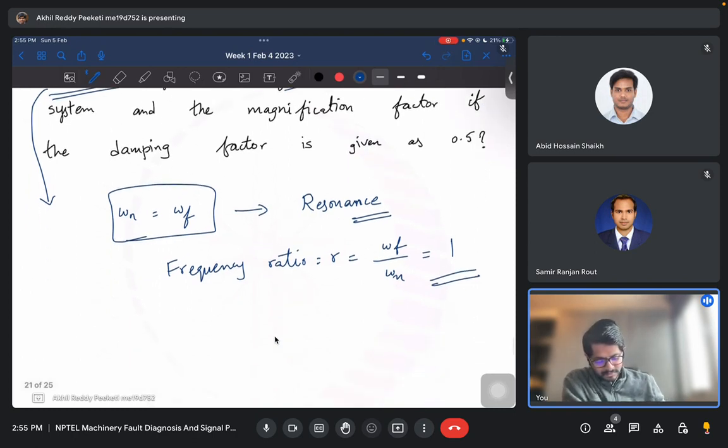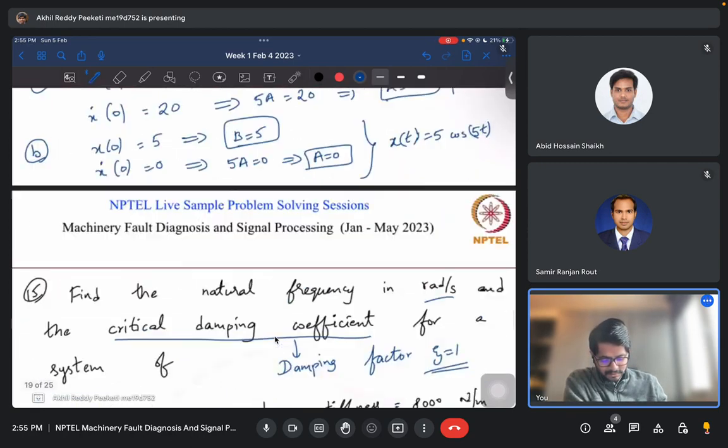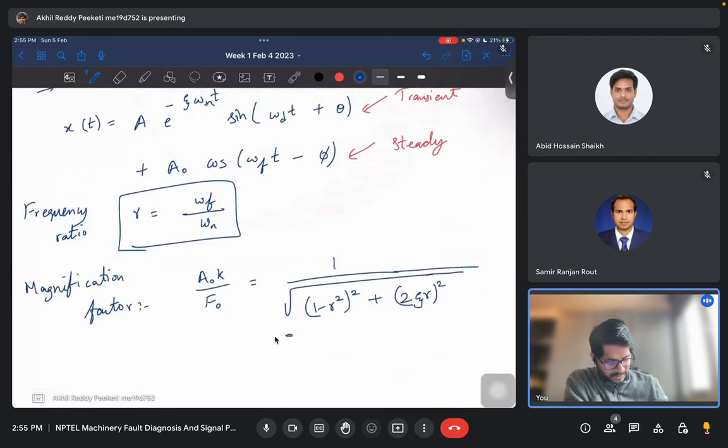And then what would be the magnification factor? This we have seen earlier in our first question itself, where we have derived it. So this is the magnification factor formula if you know the frequency ratio and the damping factor.